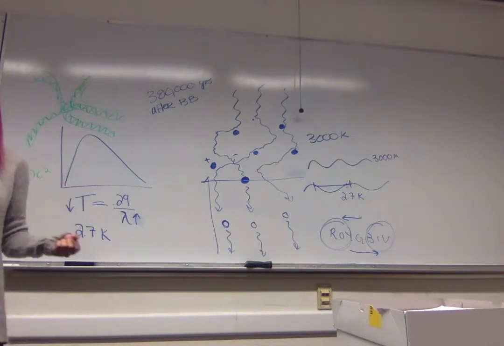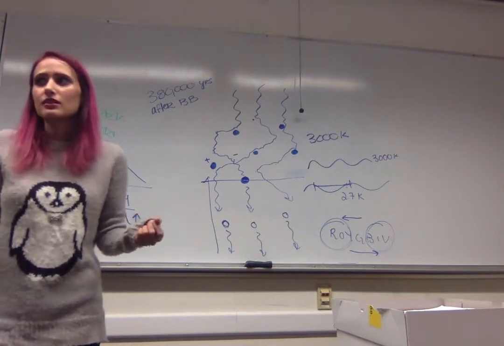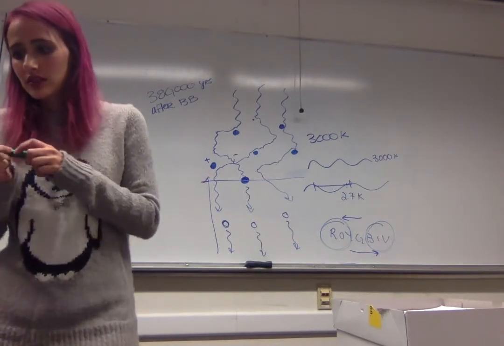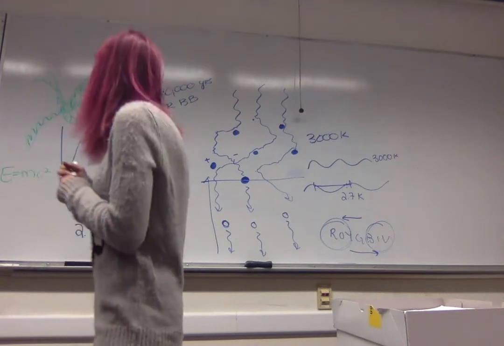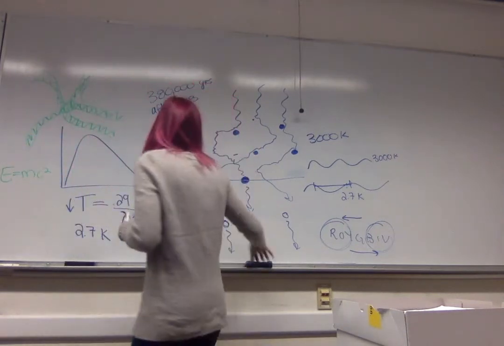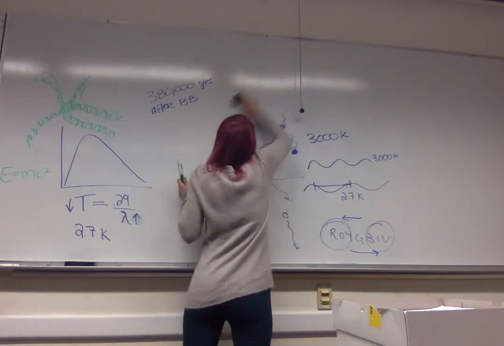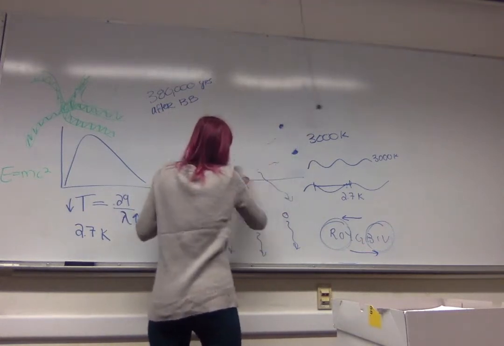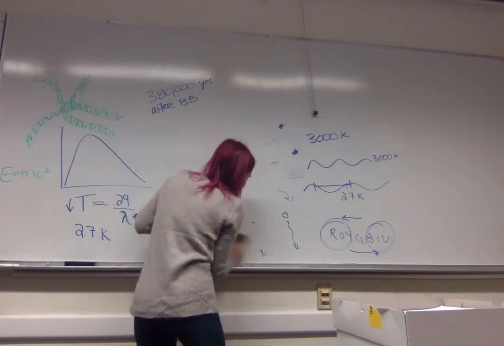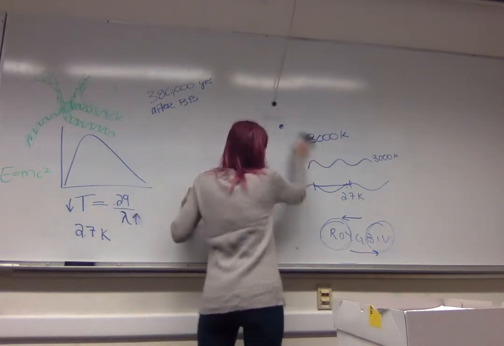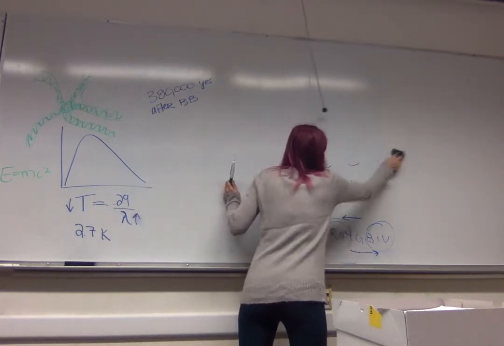So the universe, I'm going to erase this. It started off really, really tiny, and then it had a big inflation where it got a lot bigger in a really short amount of time, and now it's just kind of slowly expanding. But they realized that the expansion is getting faster.